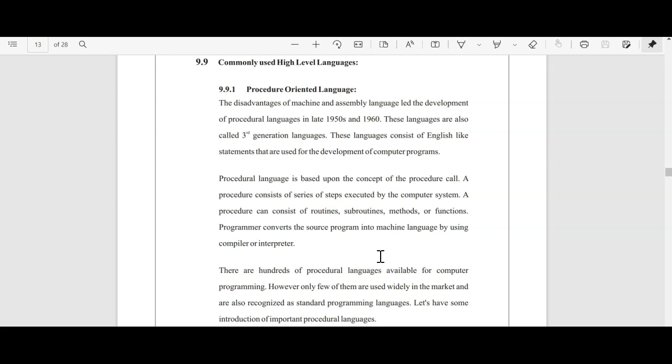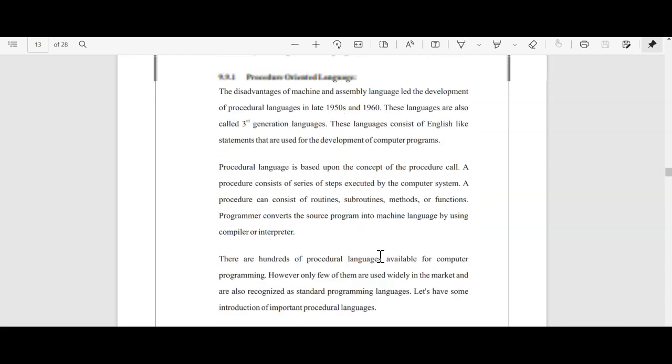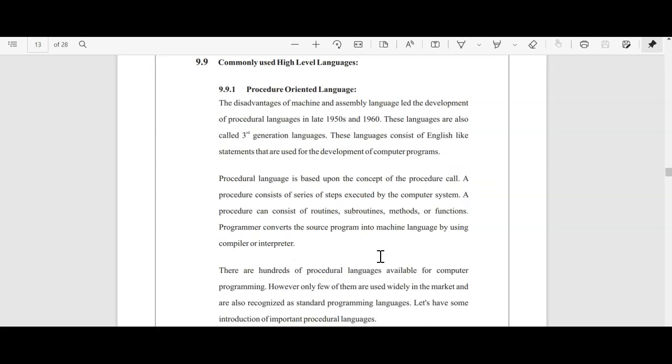This is basically the orientation, the action plan, how these languages are working. The programming languages which follow the procedural way of giving instructions to the computer are called procedure oriented languages, and the other part, which we'll talk about, is OOPS, object oriented languages.